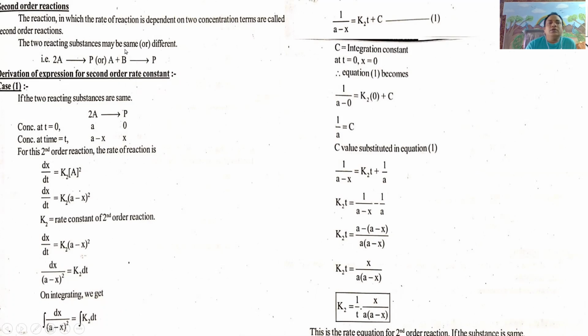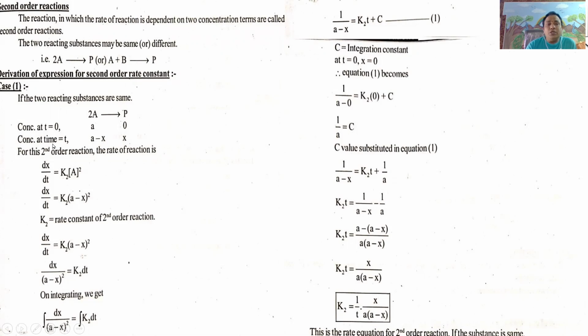Here first case, two similar reactants are participated in a chemical reaction, that is 2A, it gives rise to products. If the two reacting substances are same, that is 2A, it gives rise to products P. The initial concentration of reactants is A, but when the reaction is not started, means T is equal to 0, the obtained products concentration P is 0.